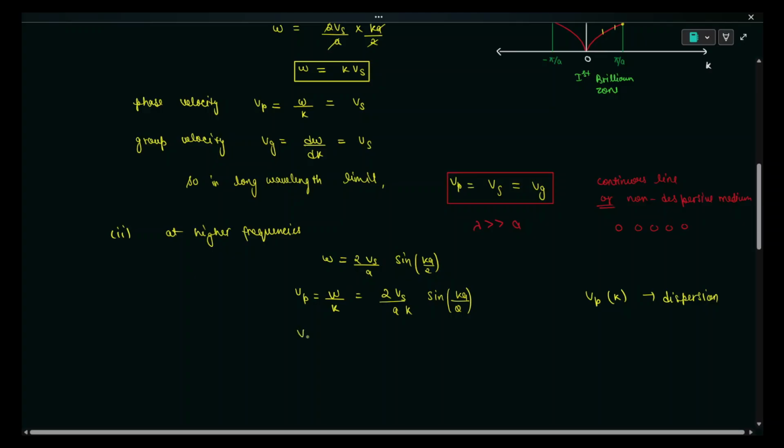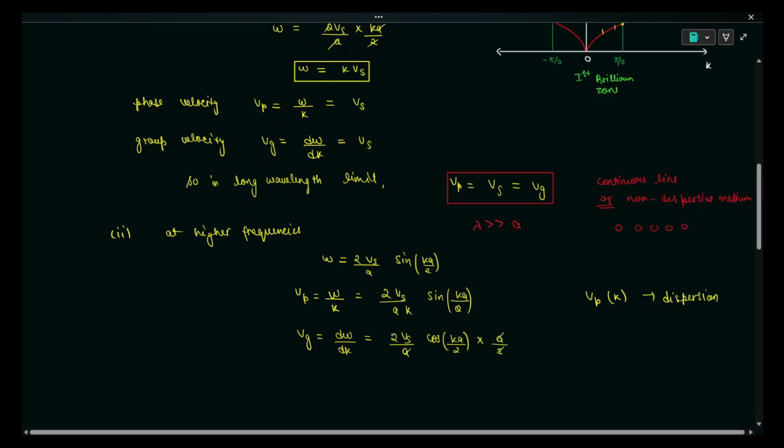Similarly, you can calculate group velocity, which is given by d omega by dk, and you can differentiate our dispersion relation, and then you will get 2 times Vs by a and then cos ka by 2, and then differentiation with respect to k will give you a by 2.